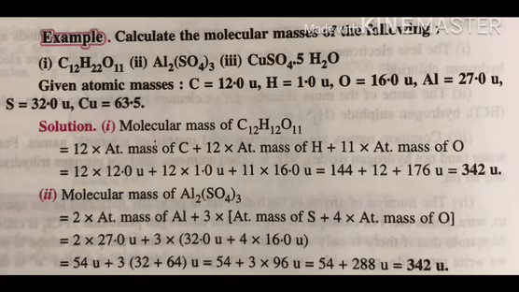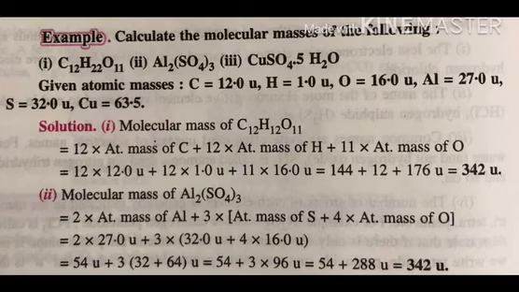The solution for the molecular mass of C12H22O11, there is a misprint, so you can use your own idea. The molecular mass is 12 multiplied by the atomic mass of carbon, that is 12, plus 22 multiplied by the atomic mass of hydrogen, plus 11 multiplied by the atomic mass of oxygen. The atomic mass of hydrogen is 1 and the atomic mass of oxygen is 16. Now you have to calculate it on your own.